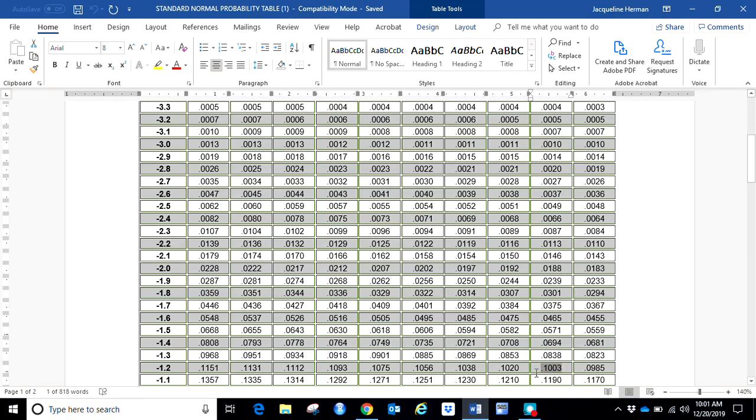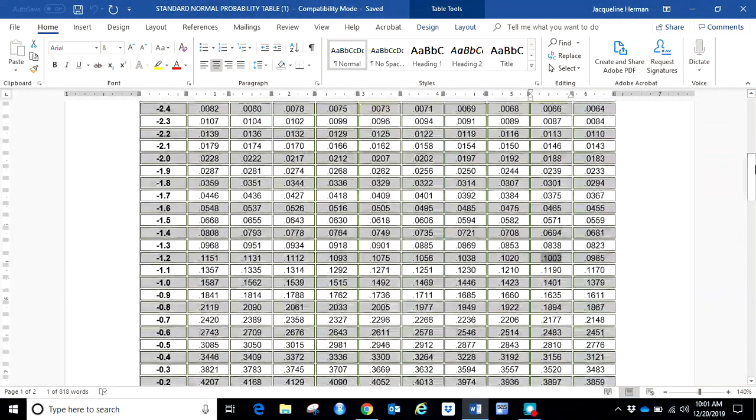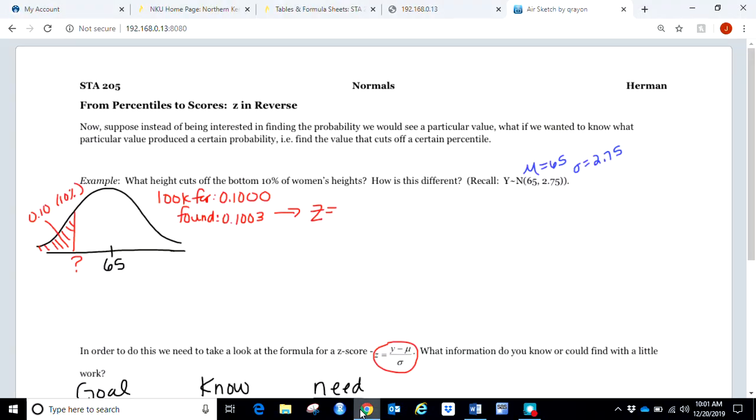Now that I know where I am in my table, I'm going to work out to find where that z-score is. Here my row is the negative 1.2 row, and my column is the 0.08. If I put those values together, I get a z of negative 1.28.